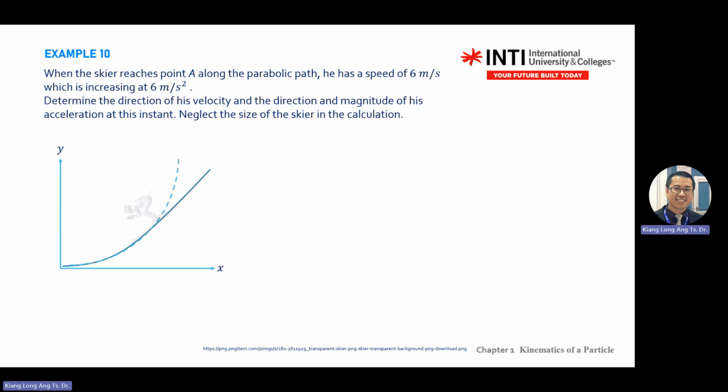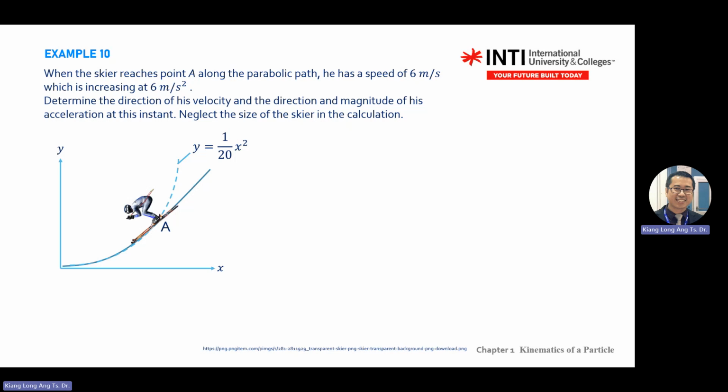So let's say you have a skitter. It reached a point along a parabolic path. See the dotted line, the dotted line is the path, given by y equal to 1 over 20 x squared.